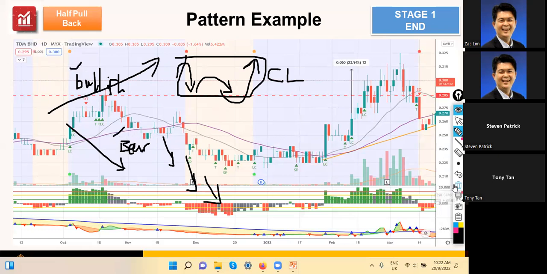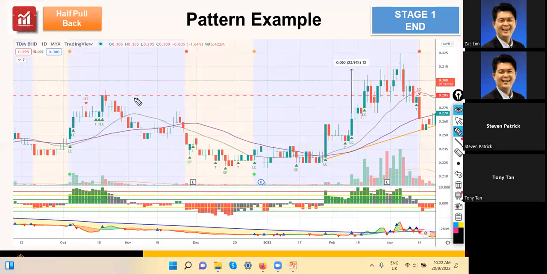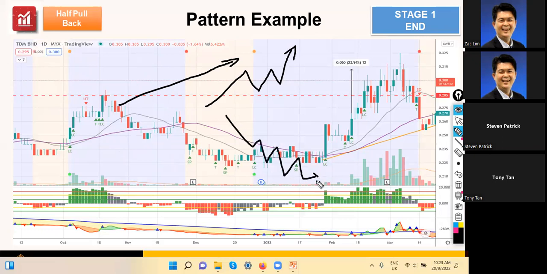In the overall market, there will be a bull market with small bears, and when you have a bear market, you also have small bulls. That's why the stock moves in a zigzag. It's not moving in a straight line.